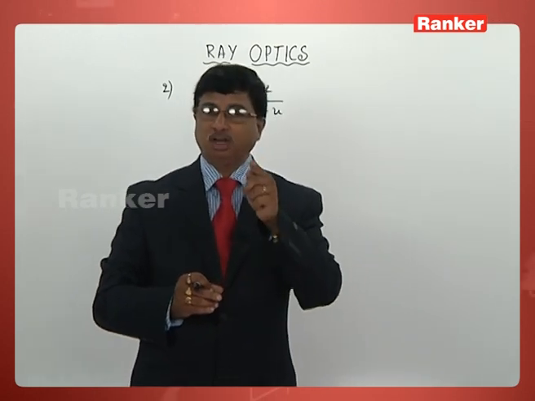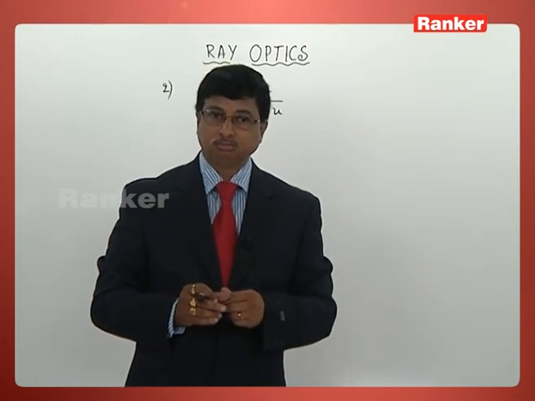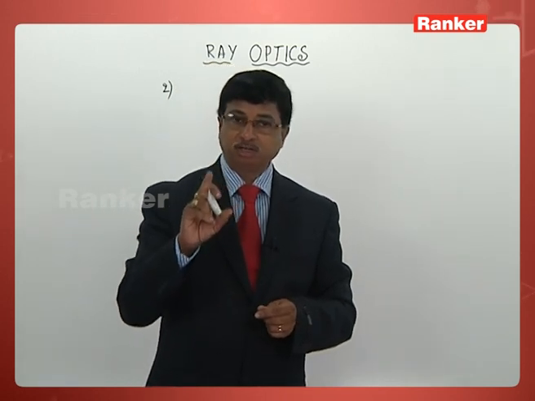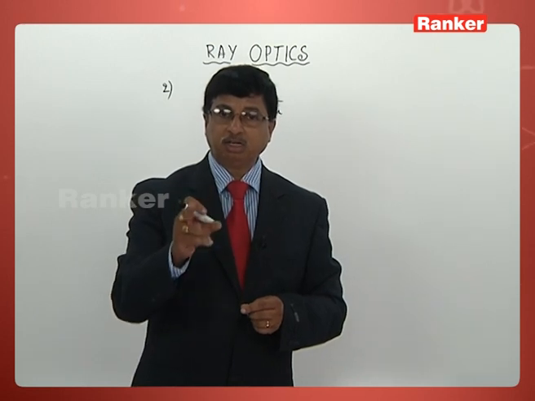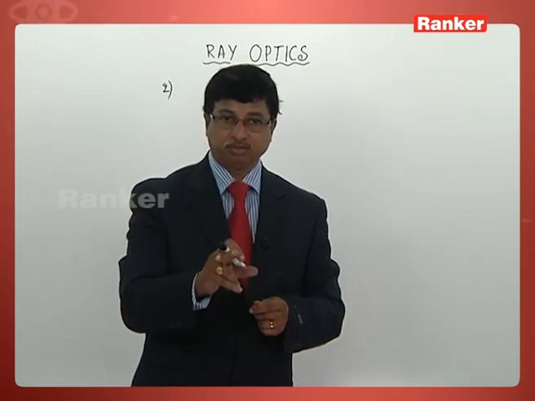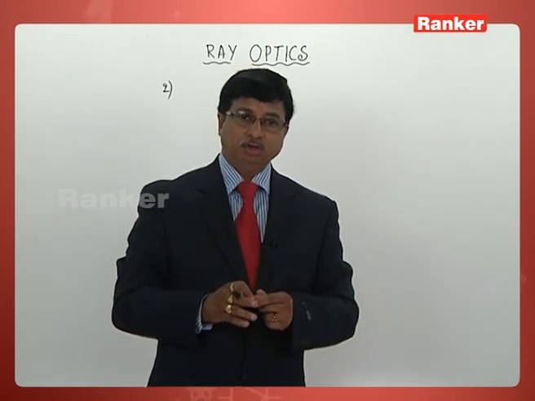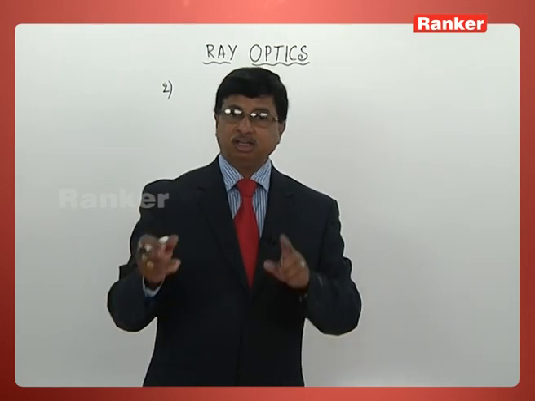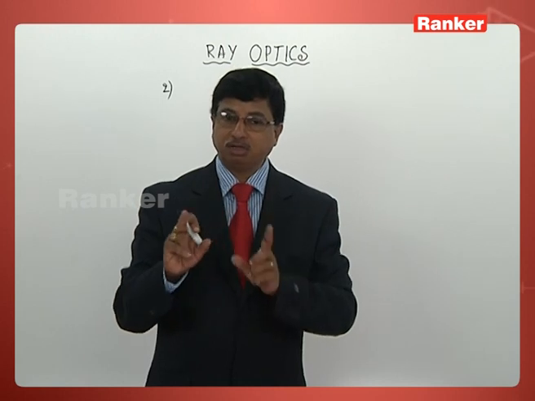What is the focal length given now? Focal length is given as 0.2 meter, but it is a concave mirror, mind that point. Concave mirror's focal length will always be taken with a negative sign because of the convention we are following. So f will be negative for a concave mirror and f will always be taken positive for a convex mirror.